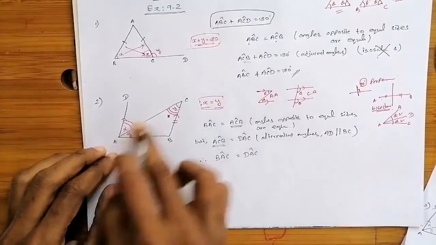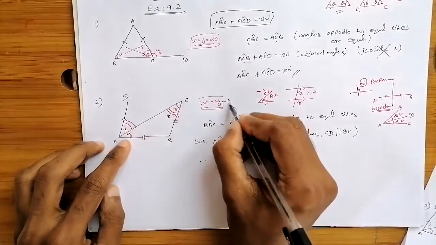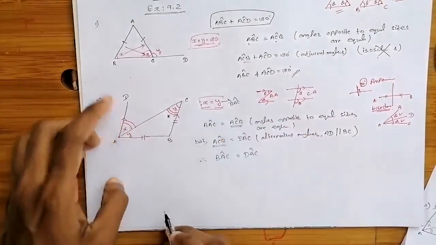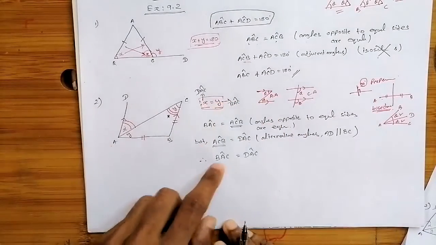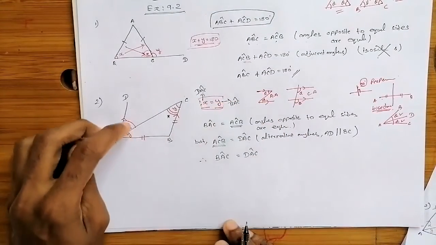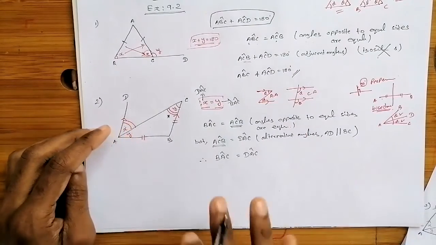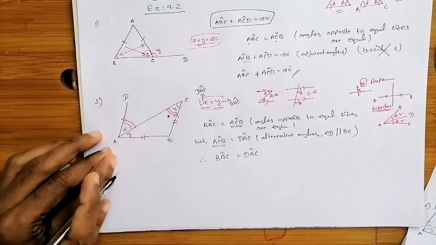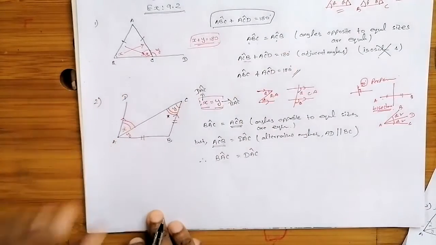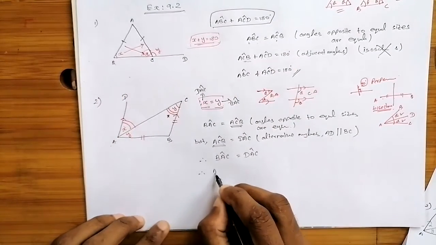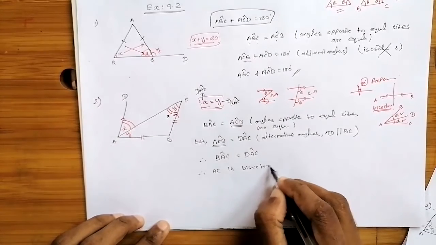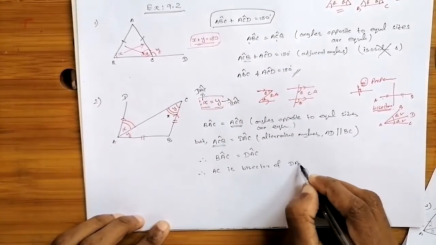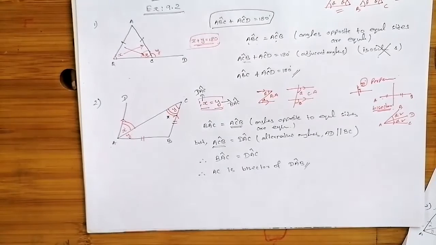In other words, BAC is Y and DAC is X. So we proved X equals Y. If these angles are equal, then in reverse we can say AC is bisecting this DAB angle. So therefore, AC is the bisector of the DAB angle. So that is what the question is asking.